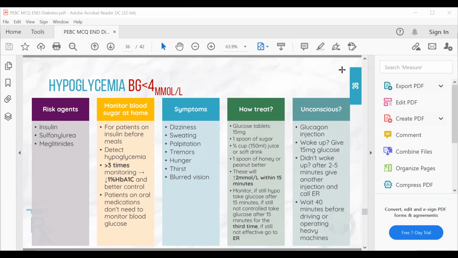First, I'm going to give either a glucose tablet or a teaspoon of sugar. Do you have a spoon of sugar at the pharmacy? No, so a cup of juice, or the glucose tablets. And we'll measure the blood sugar again after 15 minutes. If it wasn't increased by at least 2 millimole, give me numbers, please.